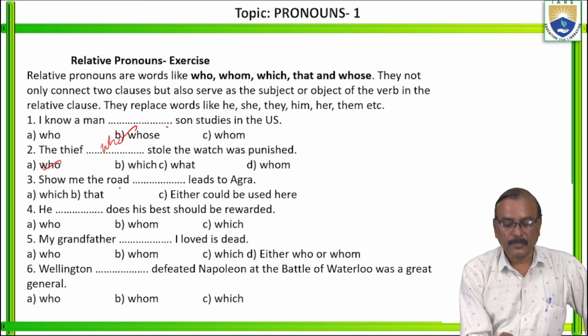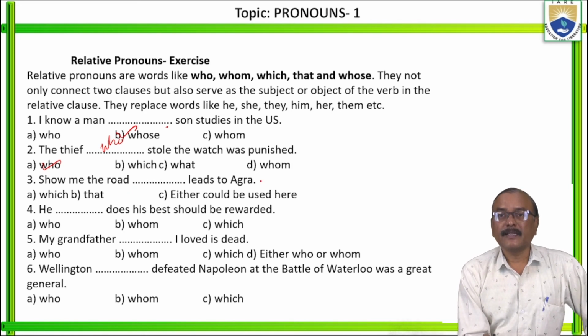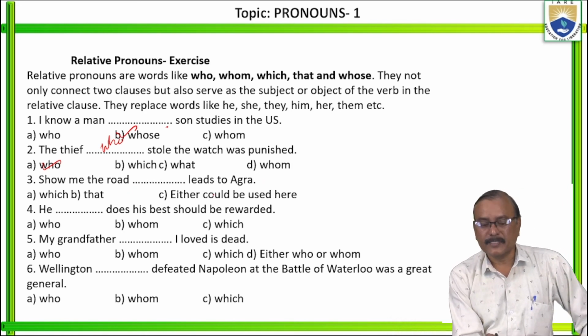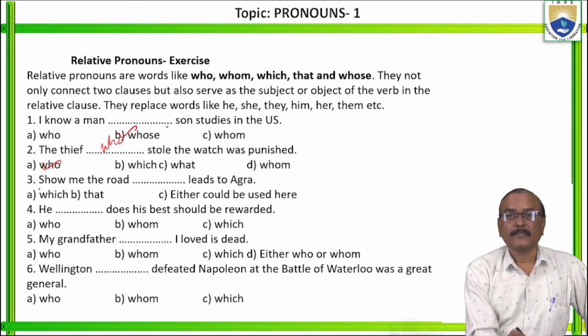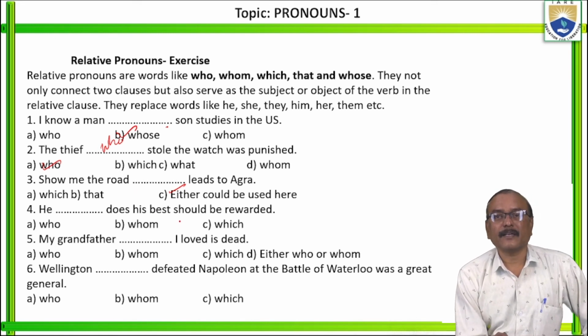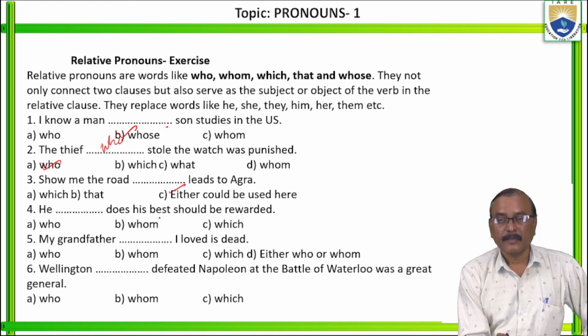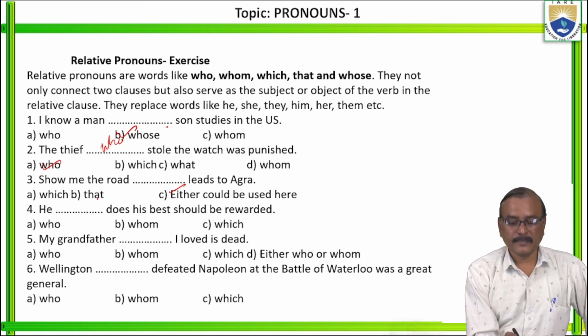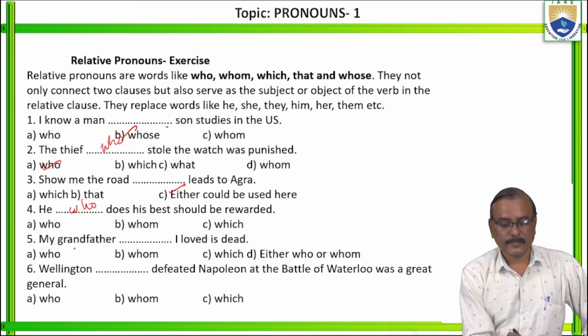Next, show me the road that leads to Agra, which leads to Agra. So both can be used here. You can use either, right? He who does his best, who does his best should be rewarded.